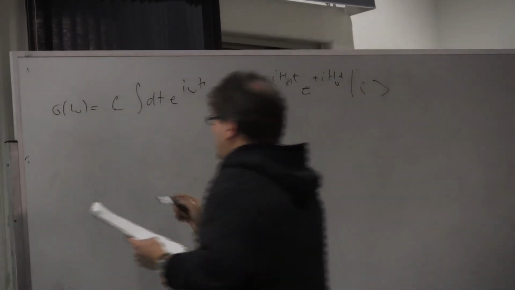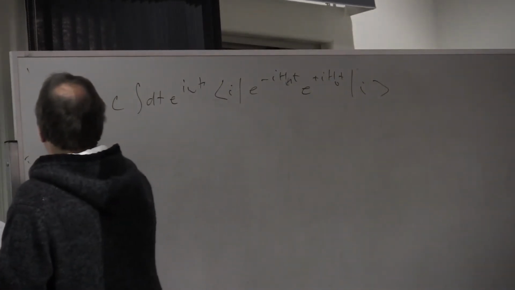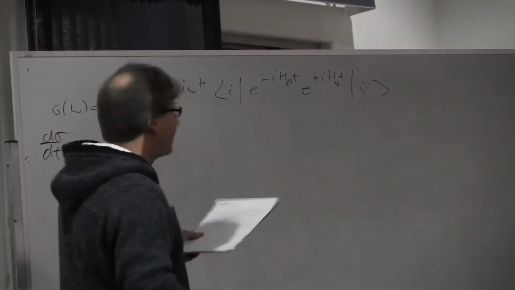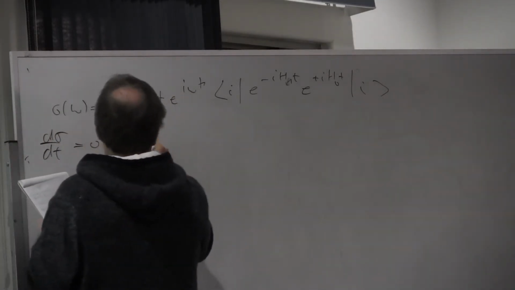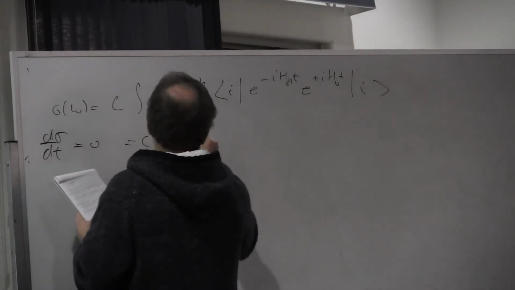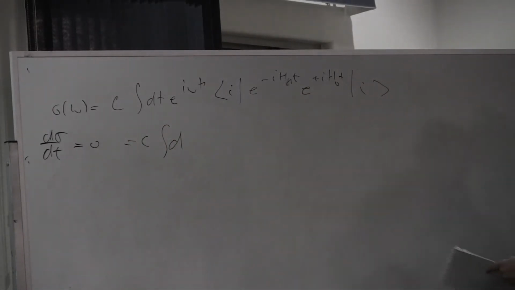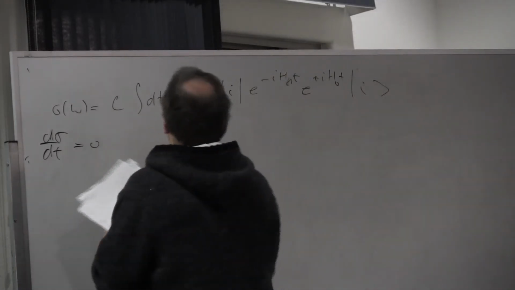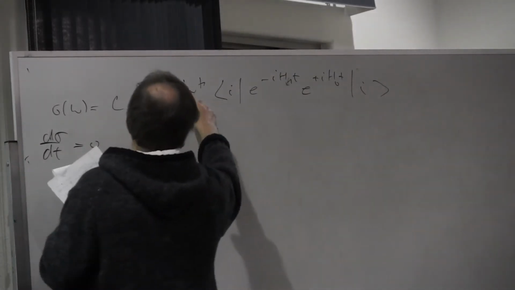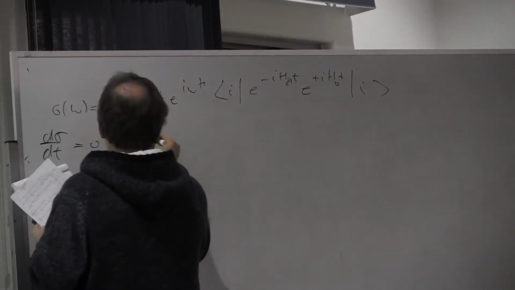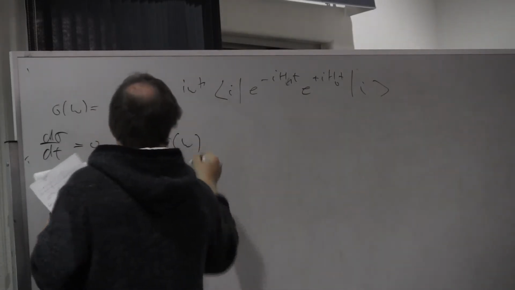Now we take basically d sigma by dt. This is of course 0, it does not depend on time. If we take that inside here, then we get first of all e to the I omega outside here, but the rest of the expression is the same, so that means we get I omega times sigma of omega.